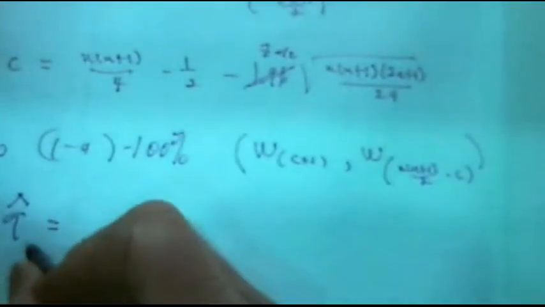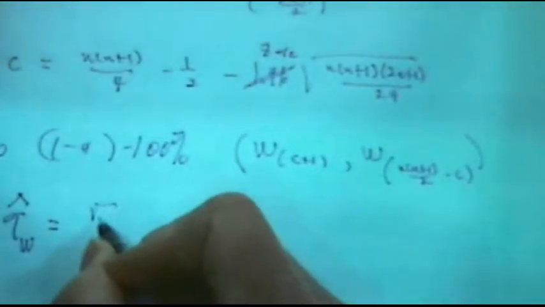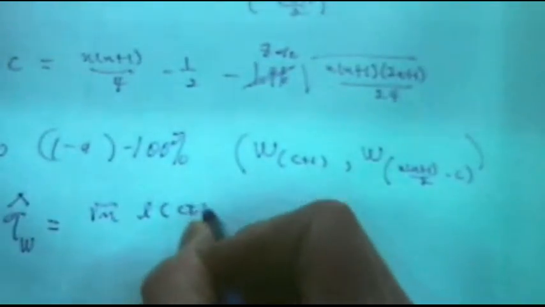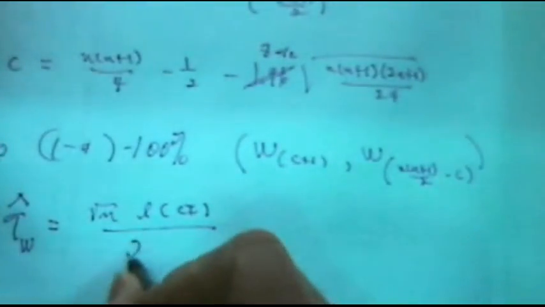I'll call it tau half. We'll talk about the parameter in a moment. You might put a sub W on here, you might do Wilcoxon. The estimate is root n times the confidence interval length divided by 2 times z.